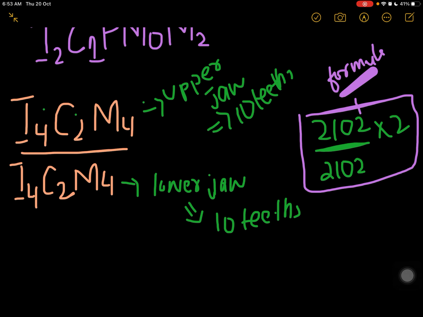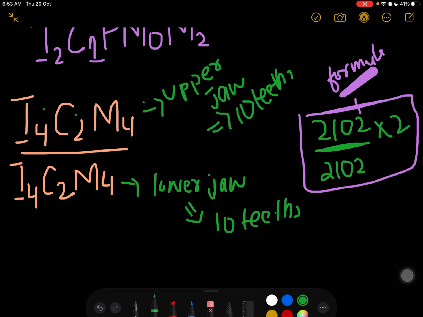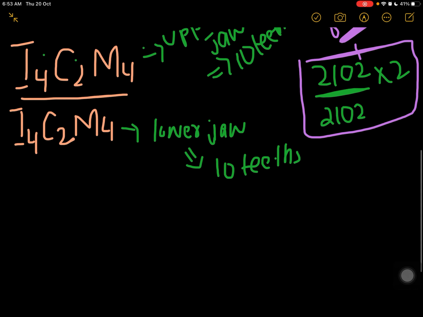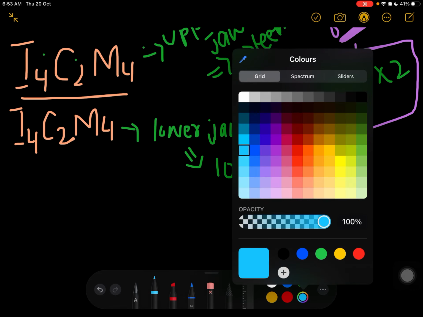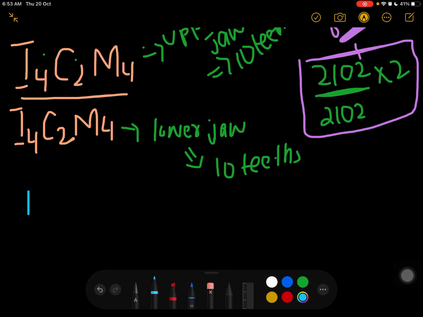So now let's calculate the sum when we add them. I4 plus 4 is equal to I8, right? C4, M4 plus 4 is equal to 8. So in total there will be 8 incisors, 4 canines, and 8 molars.